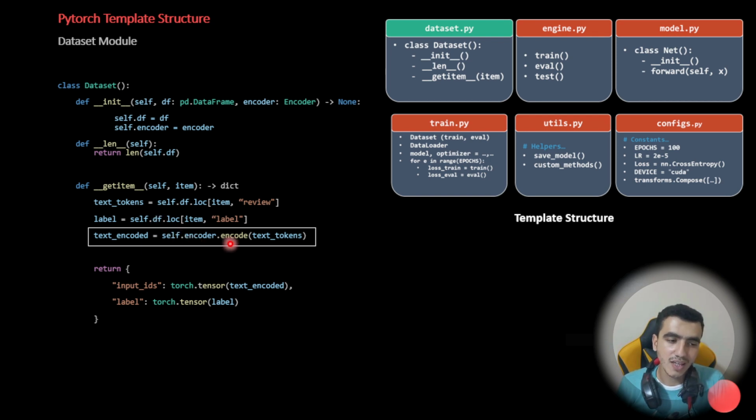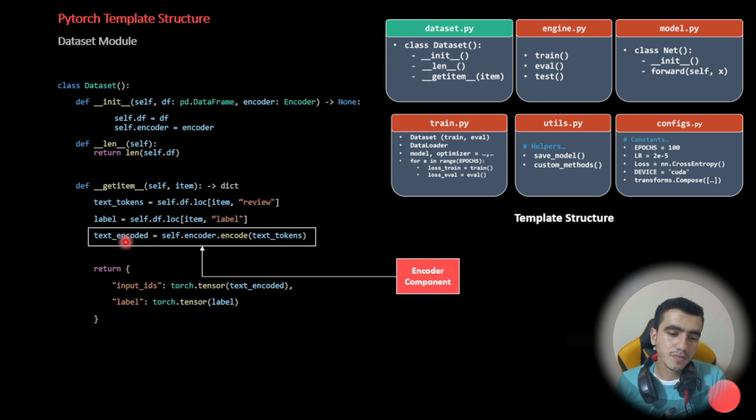We will be having a method called encode in our module encoder, and we will be inserting the text tokens into it, and it should return the text in an encoded format, in a digitalized or numerical format. Okay, this is the component that we are going to build.